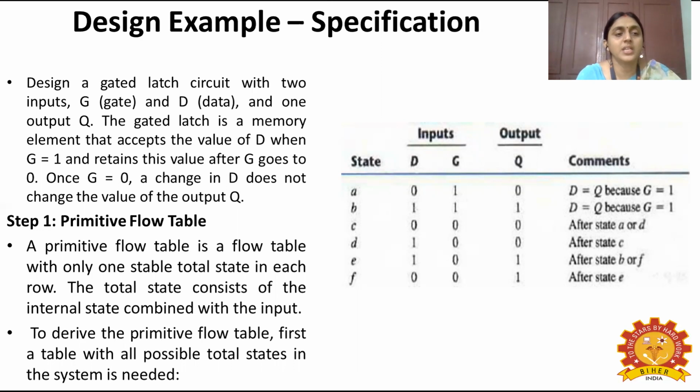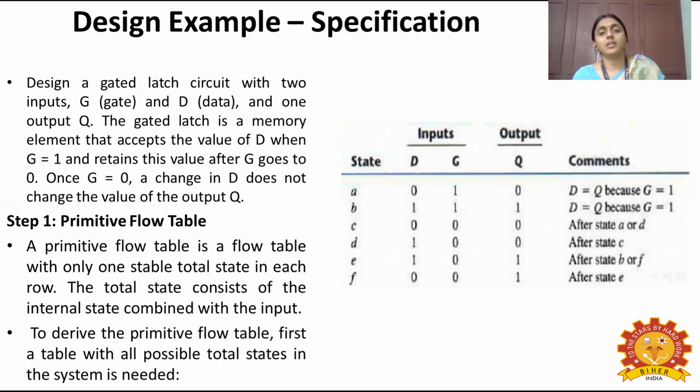So now we will see step 1, the primitive flow table. A primitive flow table is a flow table with only one stable total state in each row. The total state consists of the internal state combined with the input. To derive the primitive flow table, first a table with all possible total states in the system will be needed.